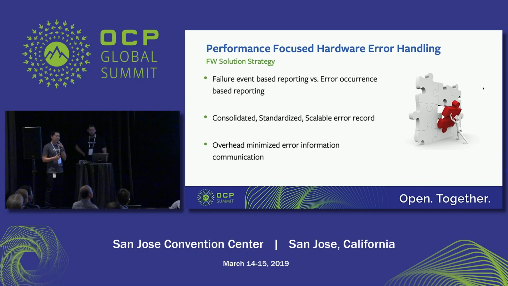First, we need to switch from occurrence-based hardware error system event log reporting to failure event-based. Second, we need to consolidate and standardize the information needed to log the failure and make it scalable. Third, we need to apply optimizations to the IPMI communications among different system agents to shorten the communication latency.